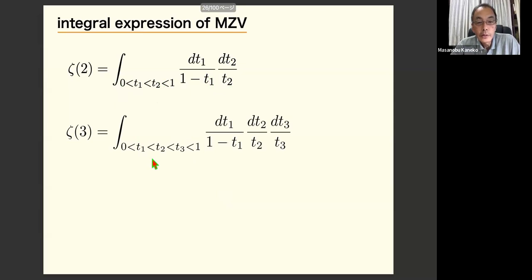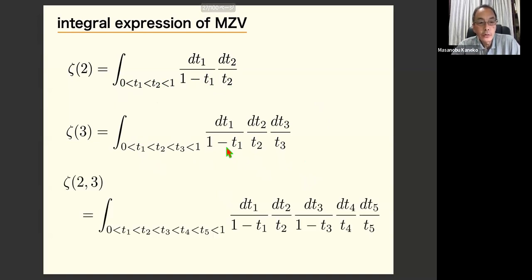And zeta 3 is a three-dimensional integral of this form. Each differential form is either dt over 1 minus t or dt over t. And zeta 2, 3 is like this.